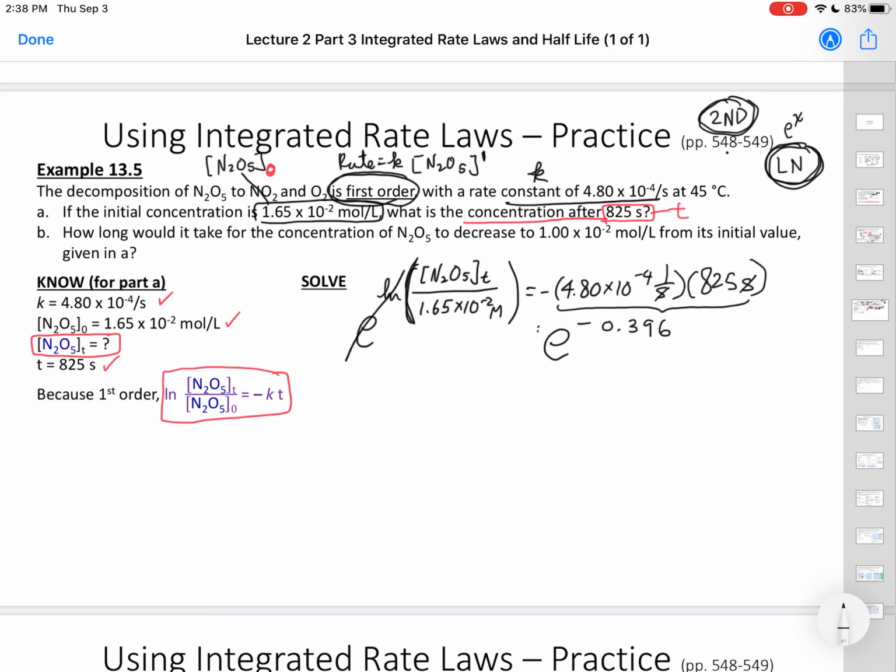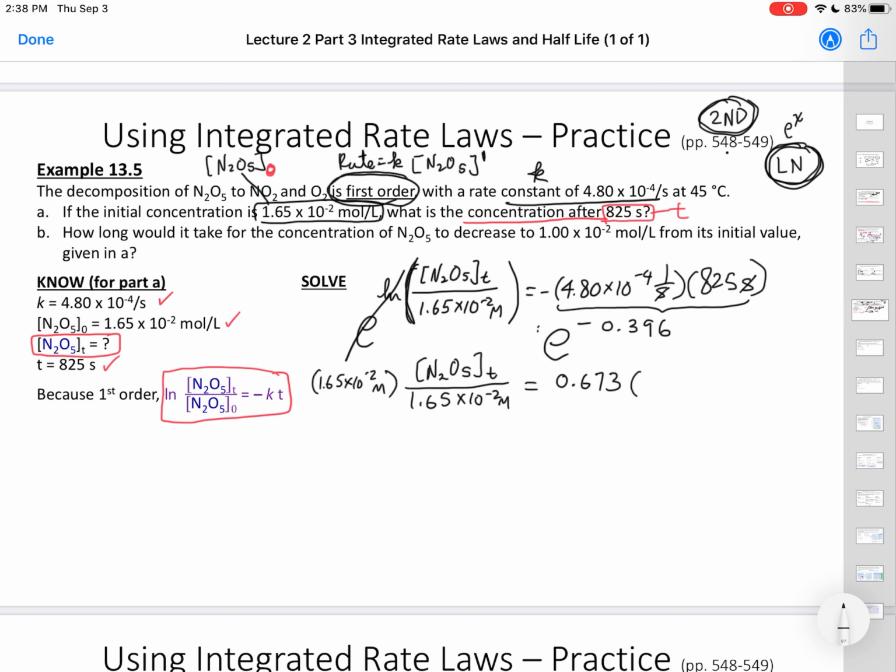So this cancels out. So really this becomes N2O5 at t over 1.65 times 10 to the minus 2. And e to the minus 0.396 is equal to 0.673. Okay, we're going to multiply this side by 1.65 times 10 to the minus 2 molar.